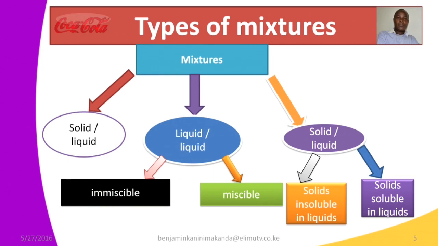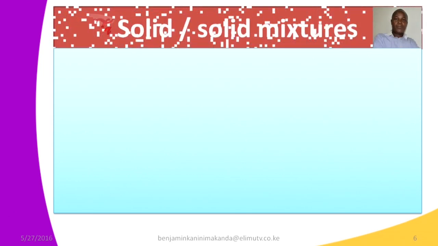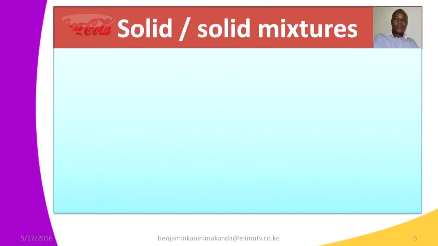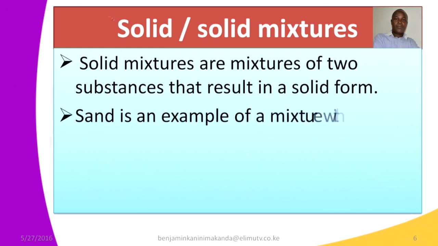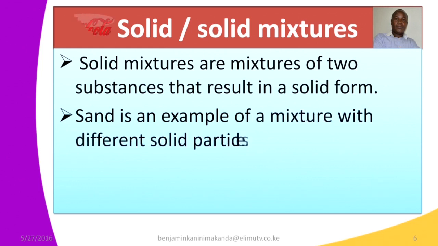Now, to further discuss this, we want to look at solid mixtures. So let's look at solid mixtures in details. Now, solid mixtures are mixtures of two substances that result in a solid form.